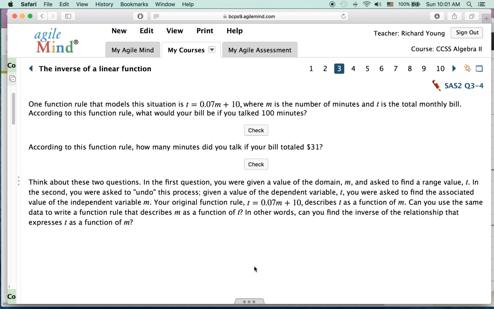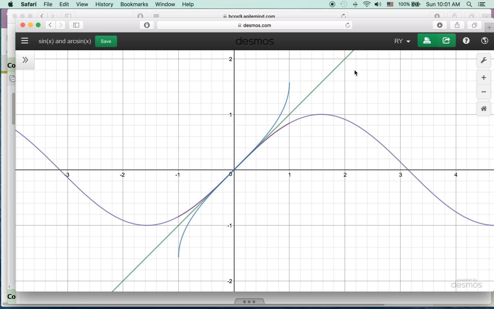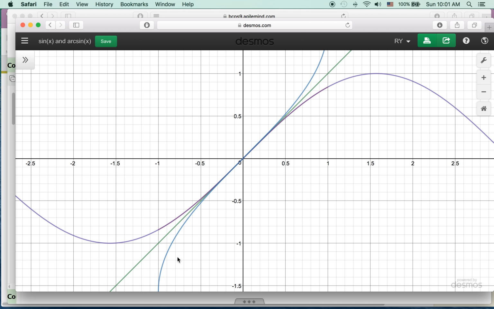So let's talk about what inverses look like. Here I have a portion of the sine function and the arcsine function plotted. The sine and arcsine, you saw them in geometry. They're trigonometric functions, and they have inverses over a restricted domain.